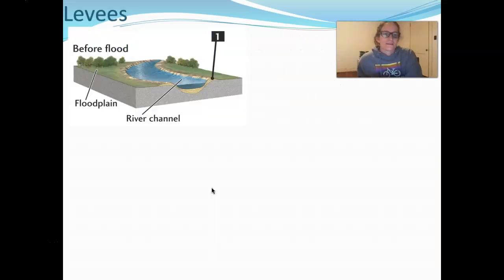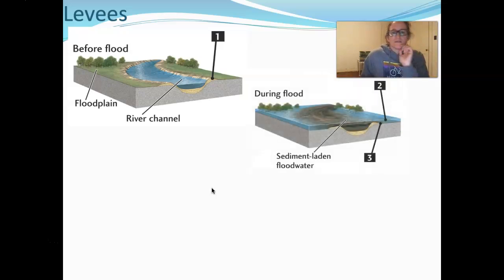Okay, levees. So there are 2 kinds of levees. There's man-made levees, like what we have along the Mississippi River to trap floodwater in the channel. There's also levees that are built by floodwaters. So here in this block diagram is before the flood, and then there's going to be a flood.